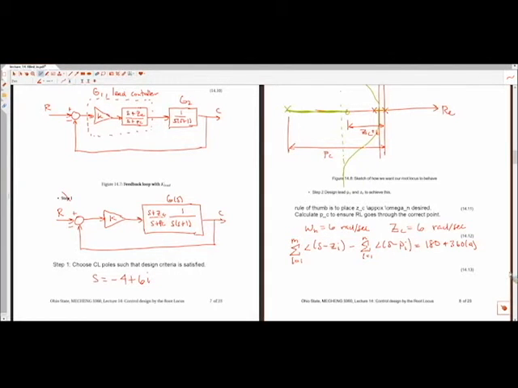So we're going to use this directly. This is one of the rules by which the root locus is defined.